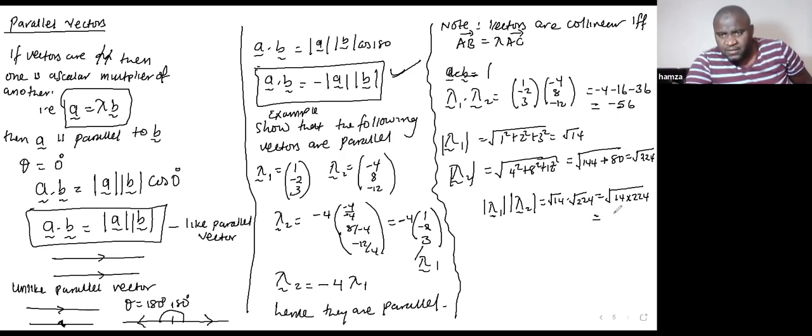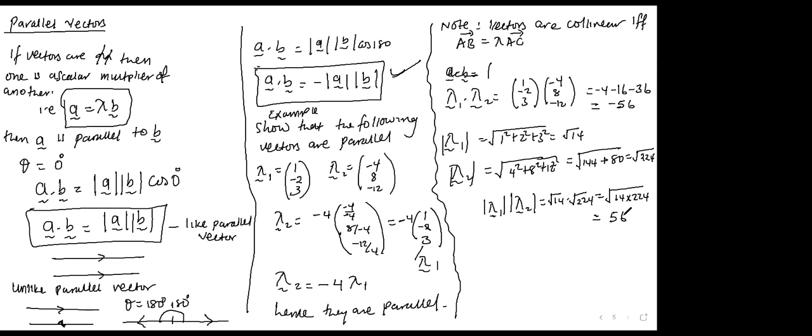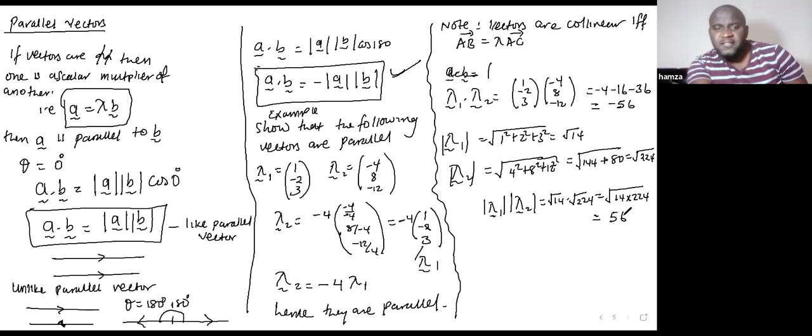That gives us 56. Hence proof. So 56 is equal to negative 56 in magnitude, because that's what it says up there.